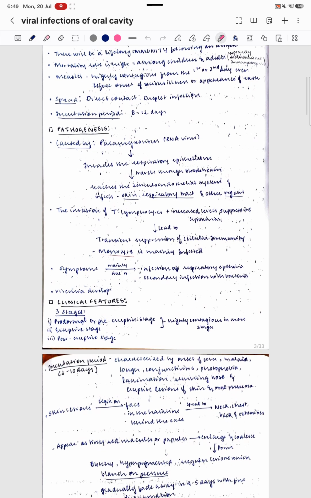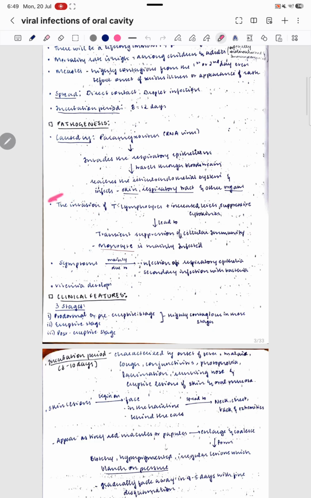Then coming to the transient suppression of cellular immunity. Now the pathogenesis, the initiation. First is your PMV. It affects the respiratory epithelium, travels through the bloodstream and reaches the reticuloendothelial system, which is your skin, respiratory tract, and other organs.